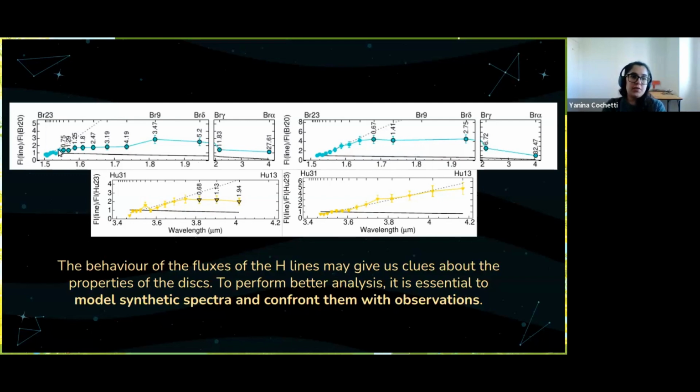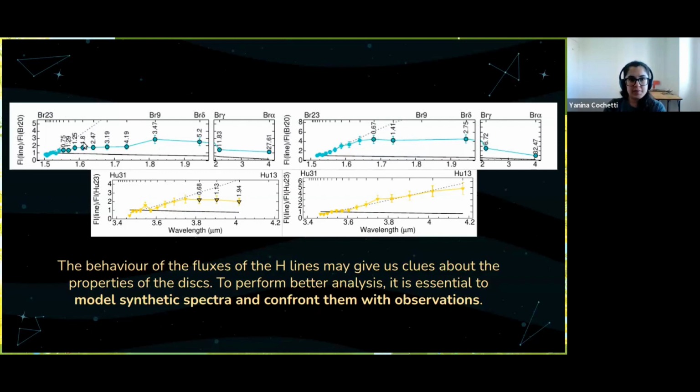You can see that the higher members of this Brackett and also in the Humphreys series are close to the ratio expected for optically thin envelopes. And at some moment, the lines are separating from the optically thin case to the optically thick.